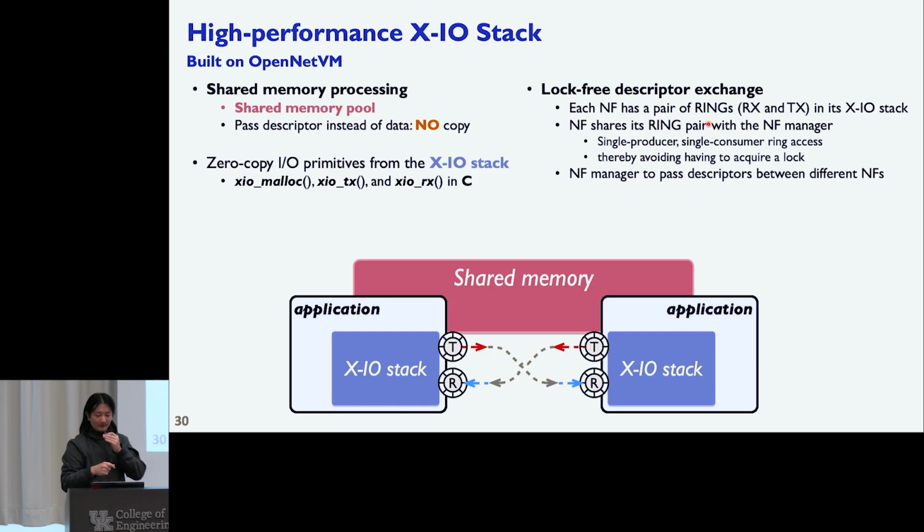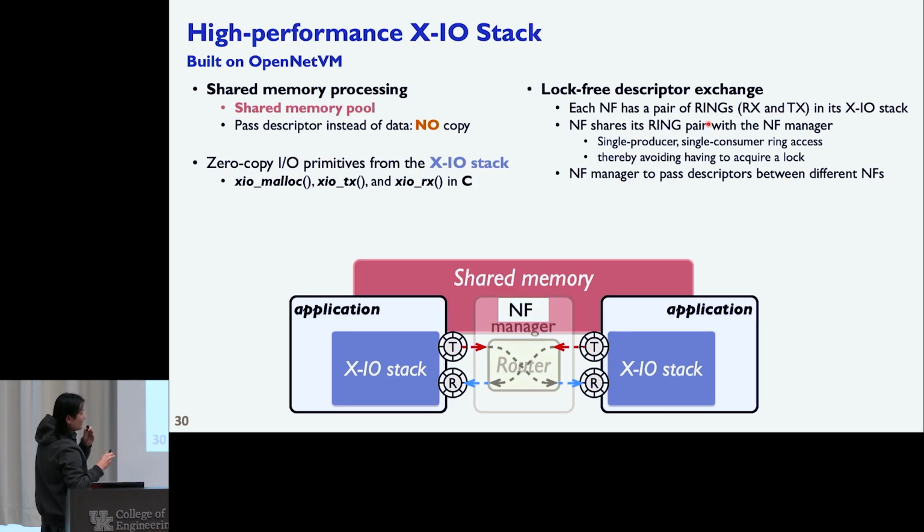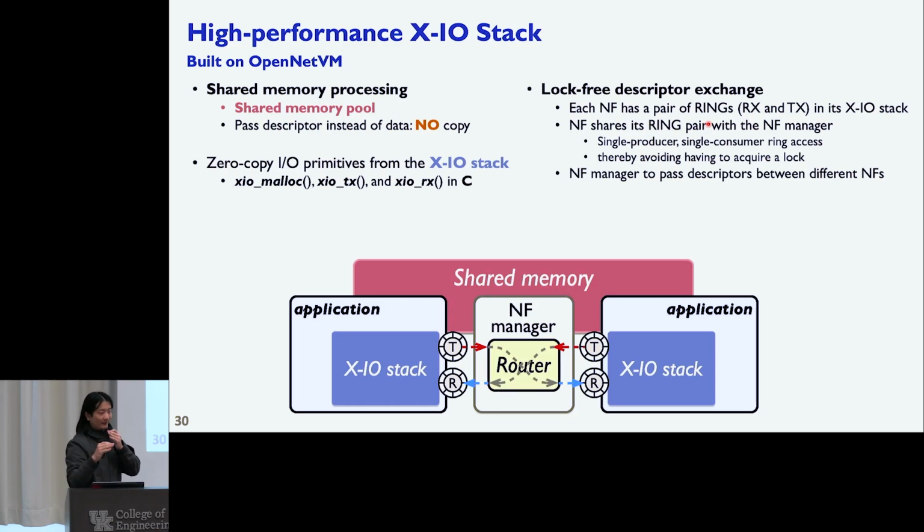To make sure access to these rings is lock-free, the most important component we introduce is the centralized NF manager that we deploy on each node. The NF will only share the rings with the NF manager, not with any others. Because only the NF manager and the application itself have access to a ring, we can construct a single-producer, single-consumer pattern, and thereby avoid any lock acquires when either the applications or the NF managers access these rings.